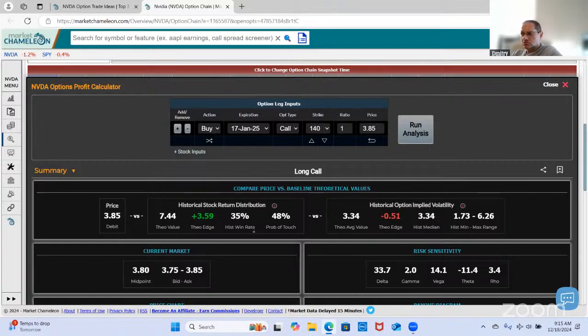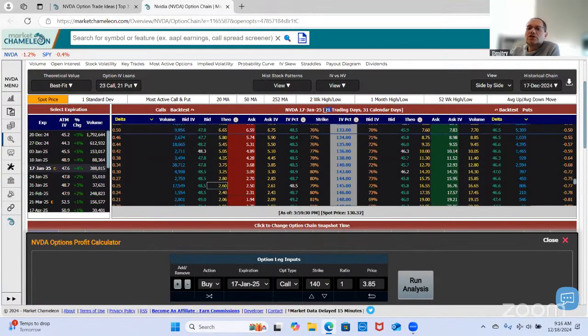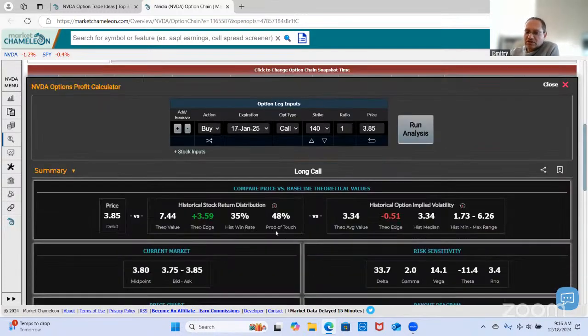Now keep in mind, that was for that entire period to expiration, right? So if we held it, over here we see this is 21 trading days, 31 calendar days. If we went through all 21 trading days from start to finish, this would have ended up being profitable 35% of the time.